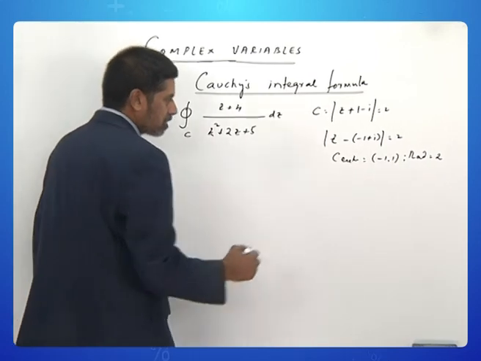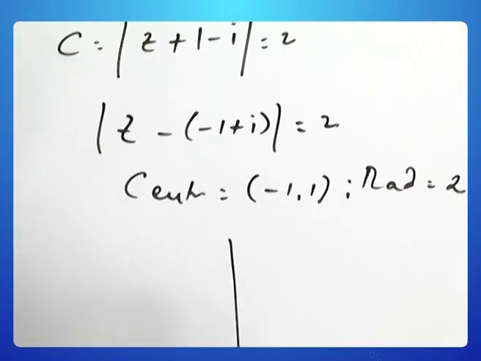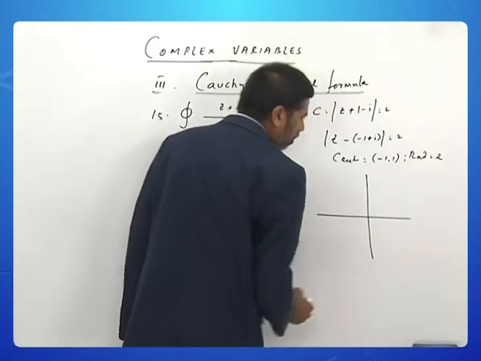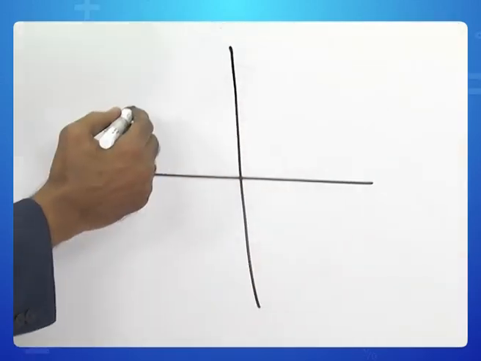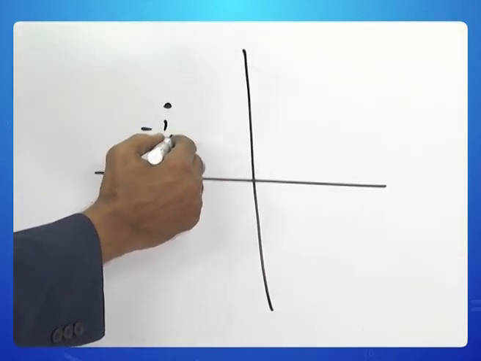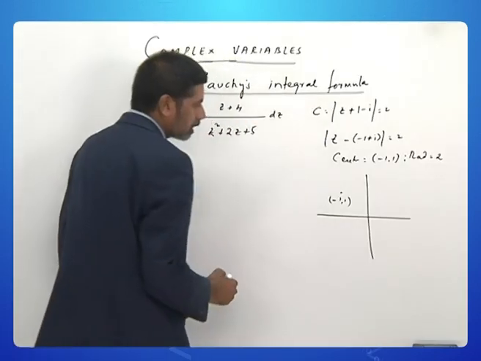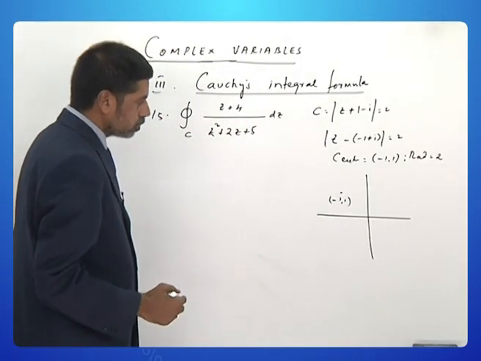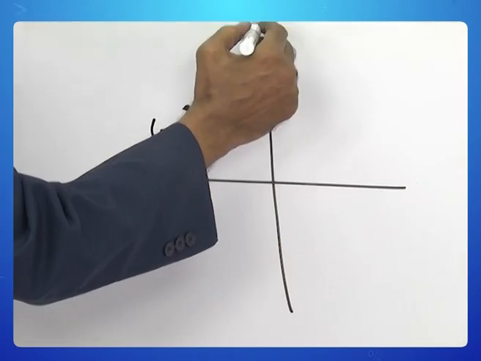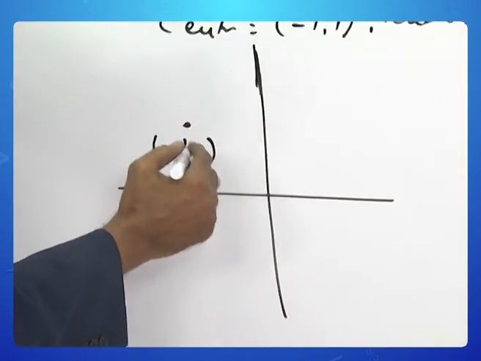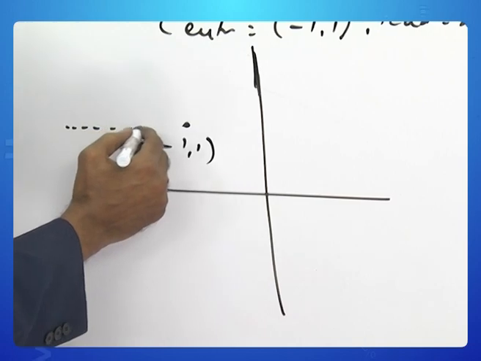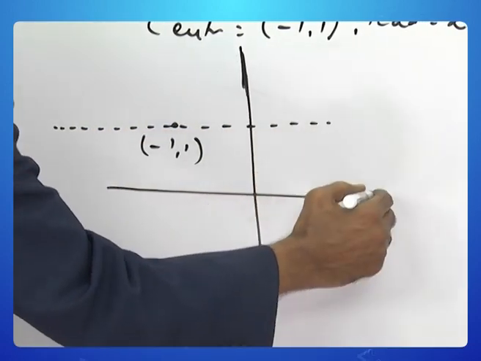So, we have a circle now with center in the second quadrant, minus 1 comma 1, and whose radius is 2 units. This may be slightly difficult to draw, but there is a systematic way to approach.